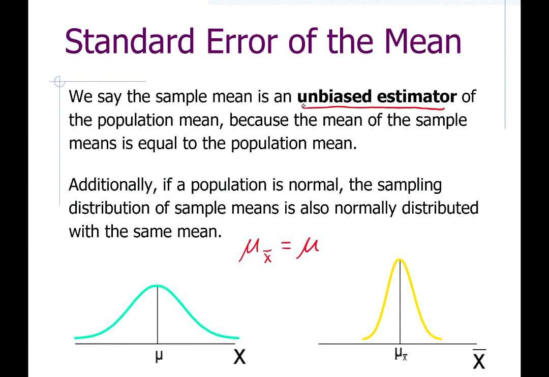And additionally, and this second statement is an if-then statement, if the population is normal, then the distribution of sample means is also normal. And we'll see later in my next video on the central limit theorem that sometimes, even if the population is not normal, the distribution of sample means is.